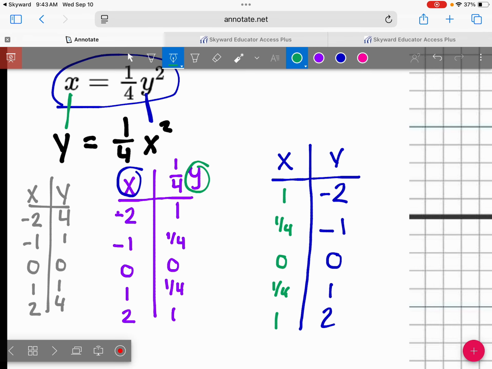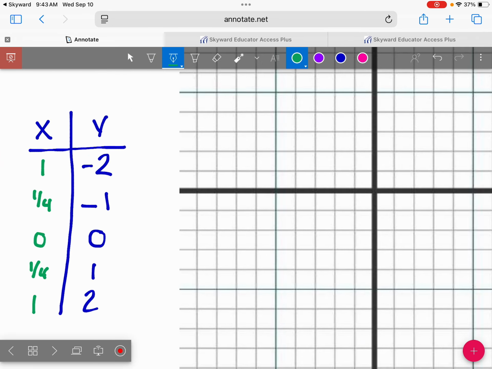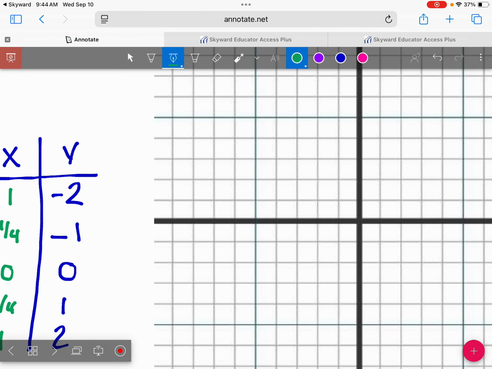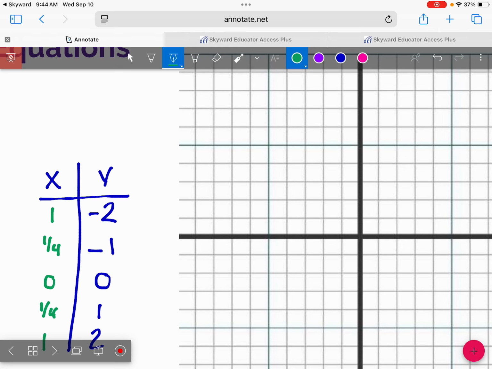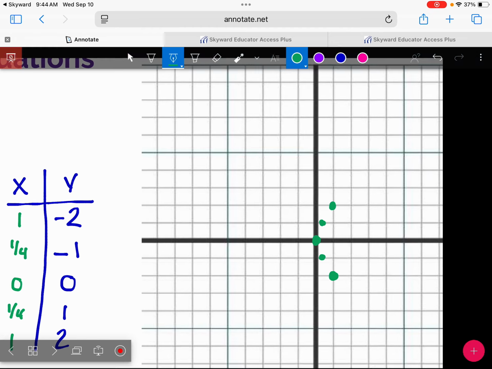Gross. When we plot this up, it's going to look weird. Because we have our 1, -2, 1/4, -1, zoom right there, 0, 0, 1/4, +1, and 1, +2.